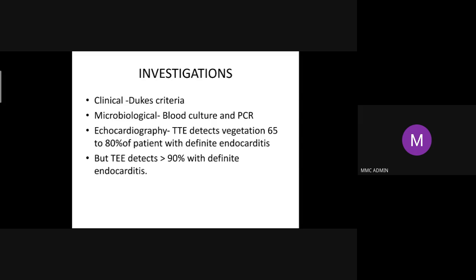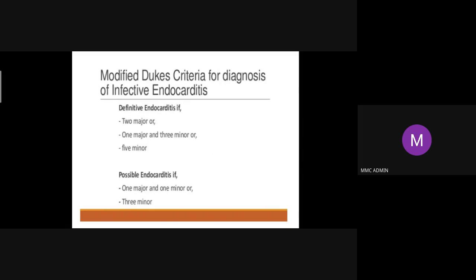The transesophageal echocardiogram will be the more specific investigation for infective endocarditis. Then we'll learn about the Duke's criteria for diagnosing infective endocarditis. The diagnosis is definite if certain criteria are fulfilled. We'll divide it into major criteria and minor criteria.